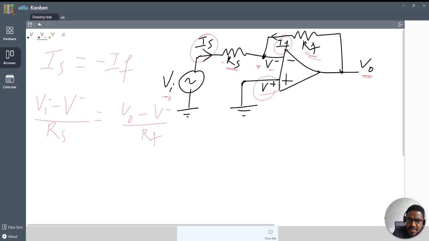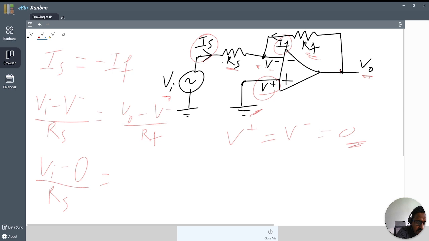As you remember, according to the golden rule, V non-inverting is grounded. So V non-inverting is the same as V inverting. When you say V non-inverting is grounded, that means V inverting and non-inverting become 0. So V in minus V inverting, with V inverting replaced by 0, becomes V in minus 0 over RS.